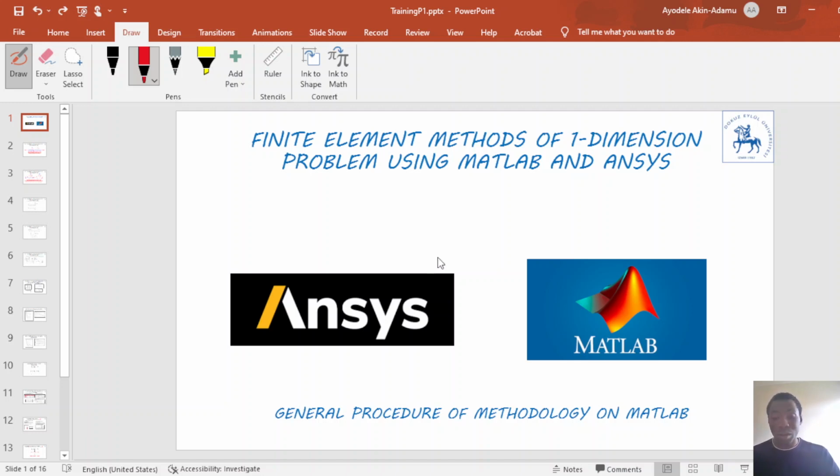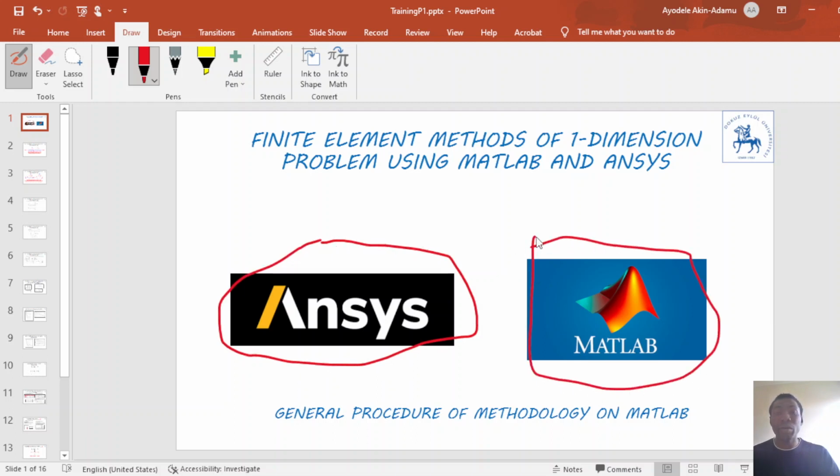The tools for my lessons on this topic are, number one, the Ansys program and the MATLAB program. These are the tools which I'm going to use to explain the finite element procedure of solving structural engineering problems. The basic structure of all my lessons is this.